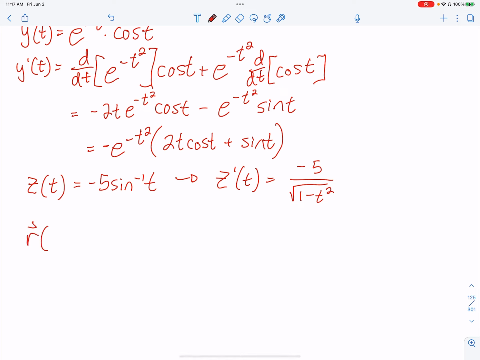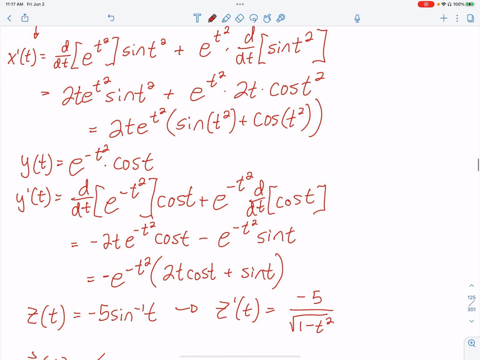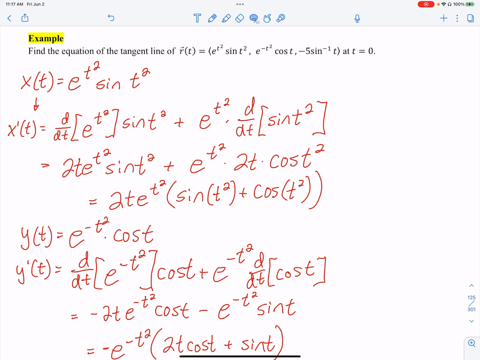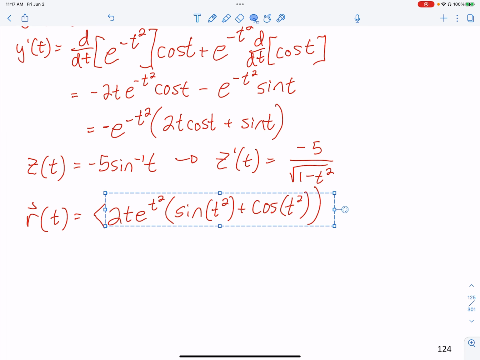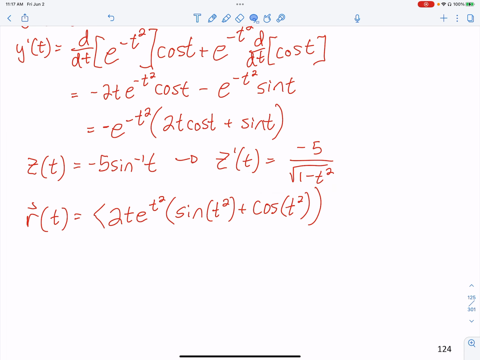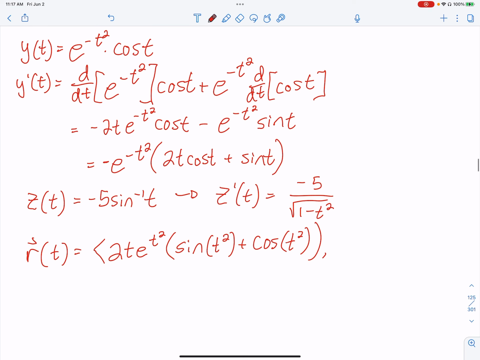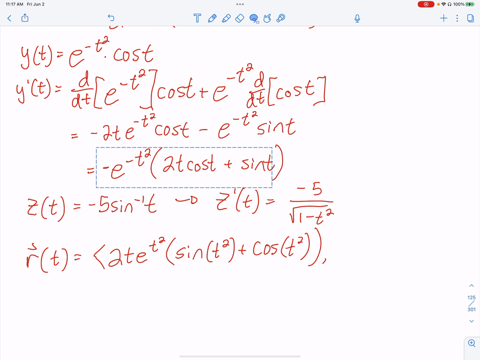So I want r prime of t. I'm going to write it out. All right, I'm going to duplicate because I'm lazy. So I get this. Okay, and then I'm going to shrink these down as I go about it. Okay, and then I have that.